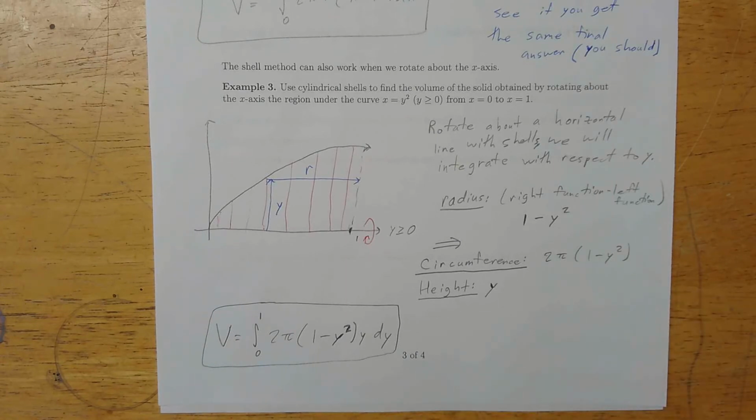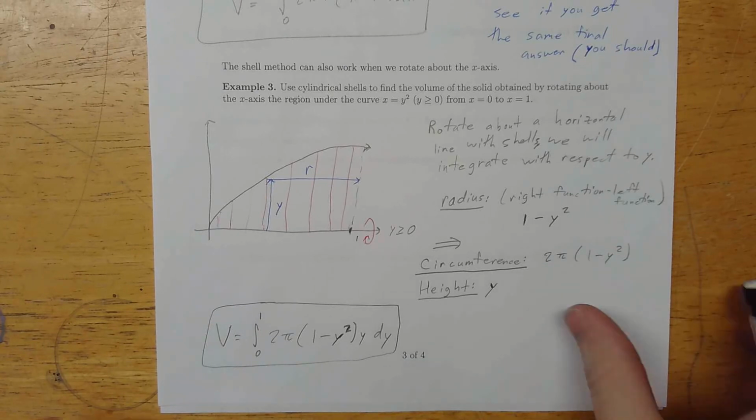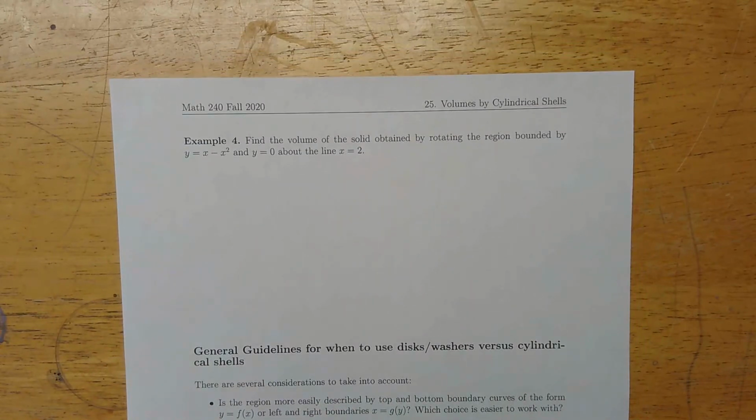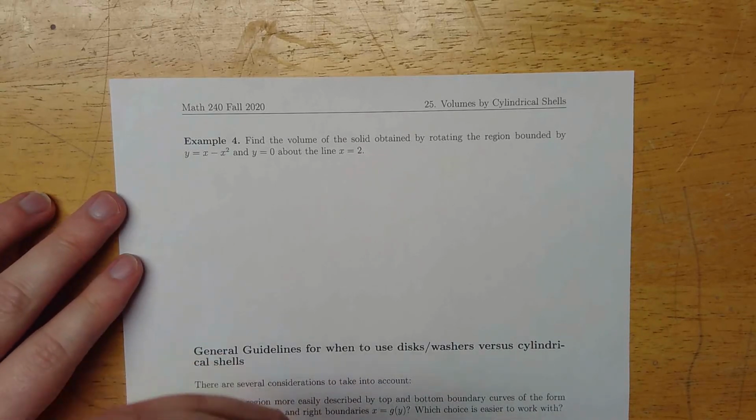All right. So let's go through one more example, and then we'll talk about some guidelines you're going to want to go through. So say we wanted to find the volume of the solid obtained by rotating the region bounded by y equals x minus x squared and y equals 0 about the line x equals 2.